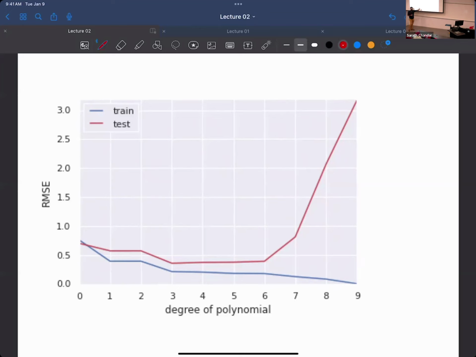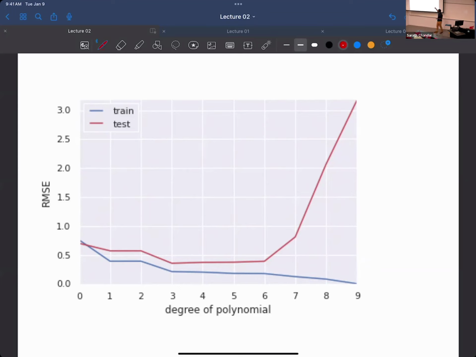The larger the polynomial, the more powerful the function is, so it should be able to fit the data better. When you reach degree 9, the training error is 0.